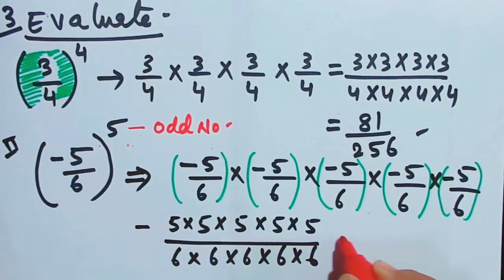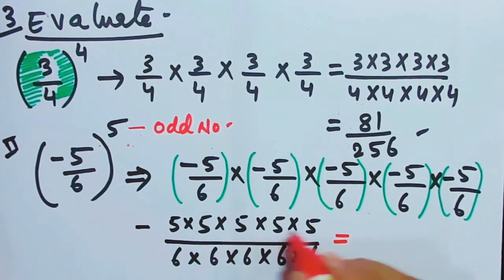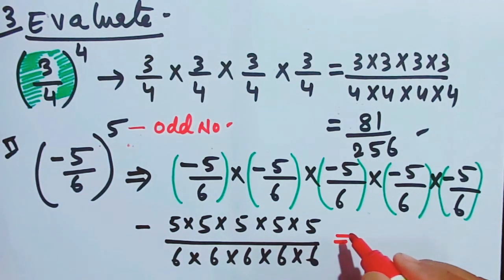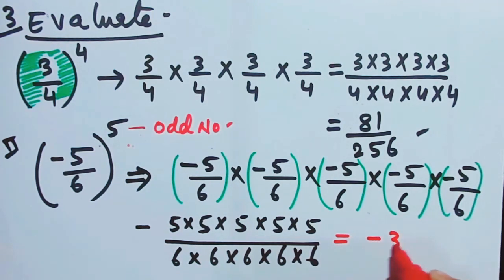Let's multiply. So on multiplication, I am sure you will get a value 3125 by 7776 as your solution.